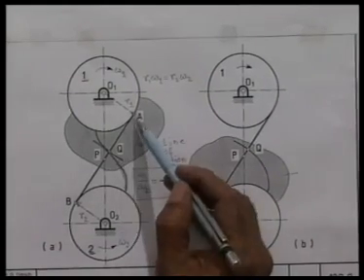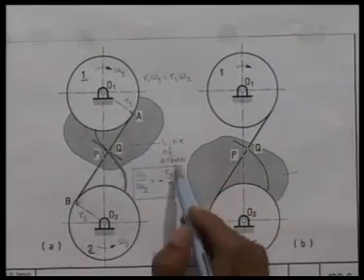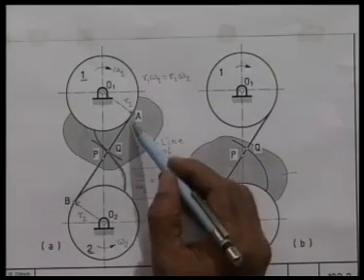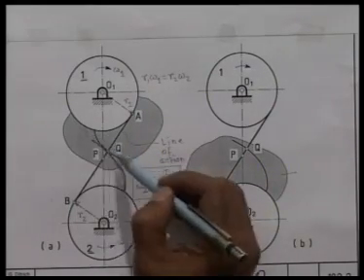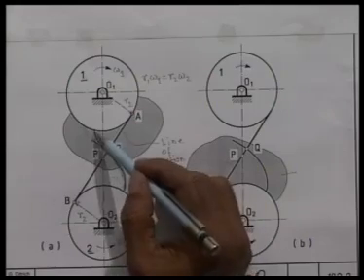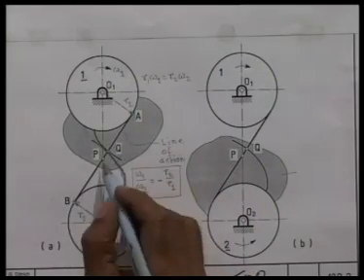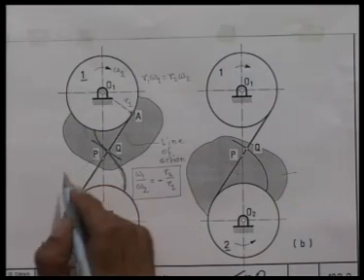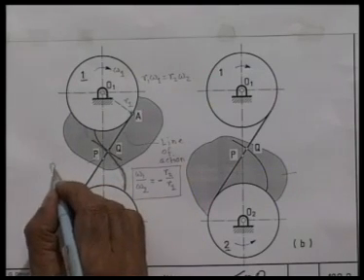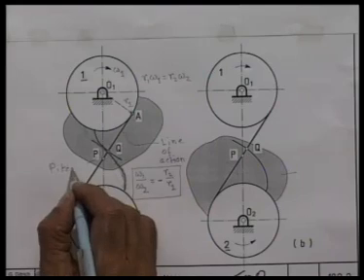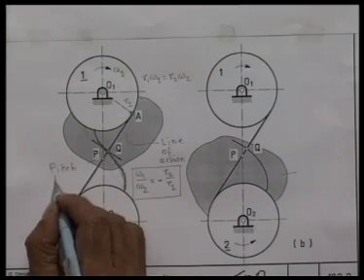The point of contact moves along the line AB, which we call the line of action, and this line AB is the common normal at the point of contact to the pair of involutes. This is the line of action, and this point P we call the pitch point.